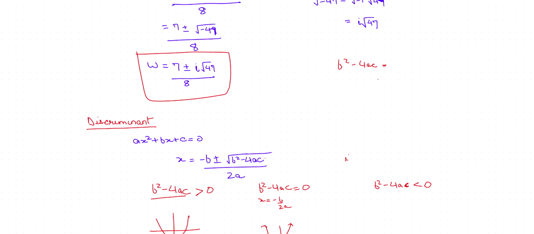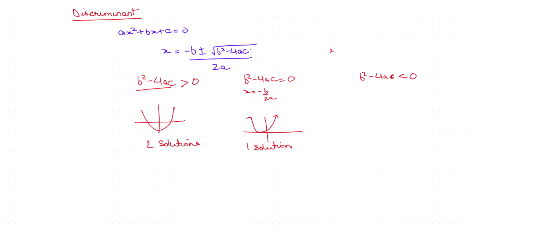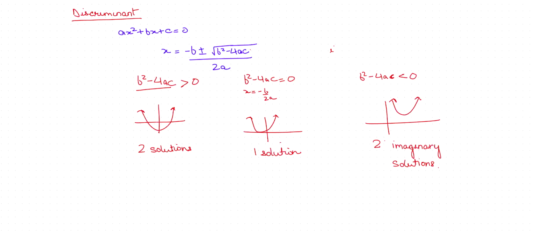When it is less than 0, it will have two imaginary solutions and the graph will never cut the x-axis. There will be an i in the solution like the previous one. So we see that this discriminant decides whether we will have two solutions, one solution, or two imaginary solutions. So let's do some problems now.